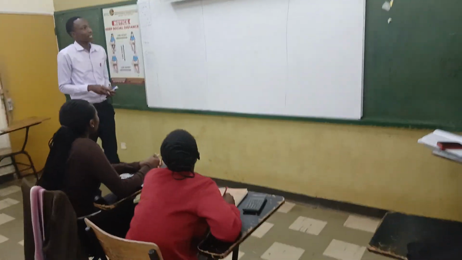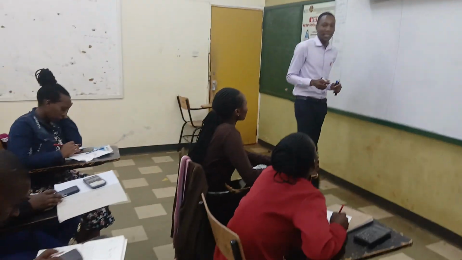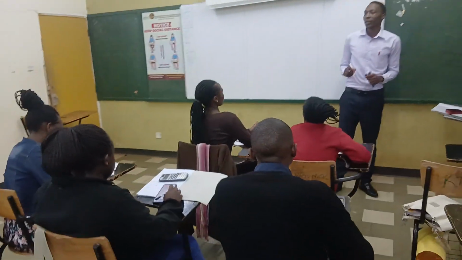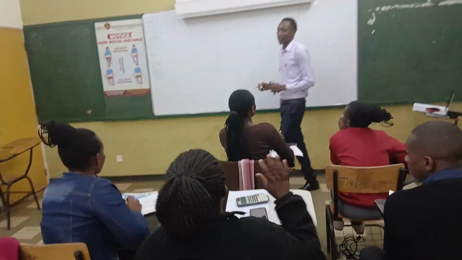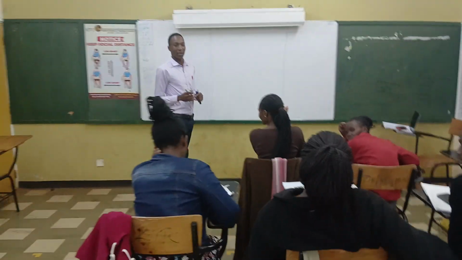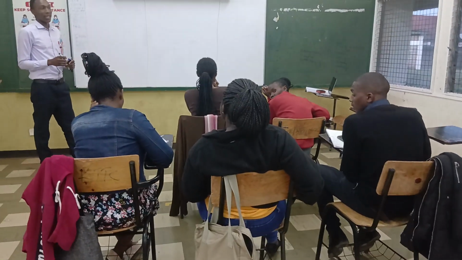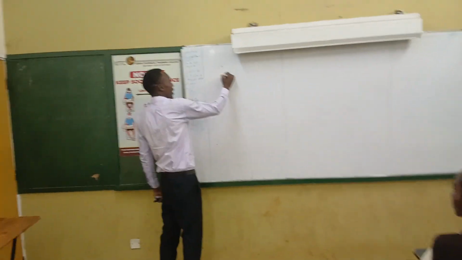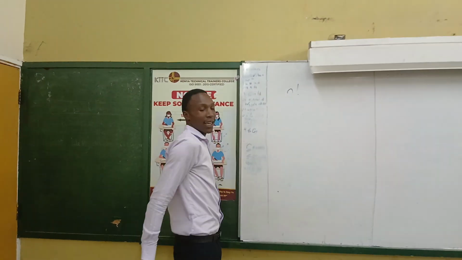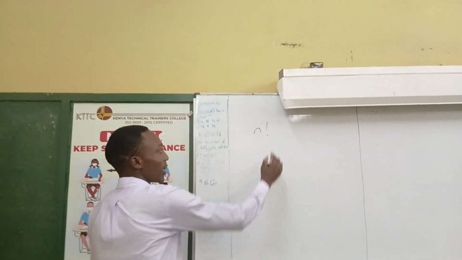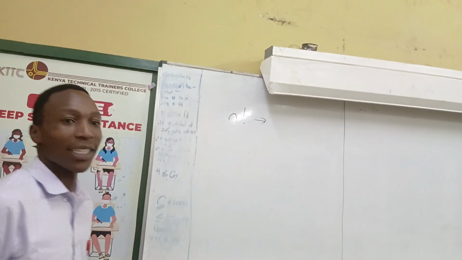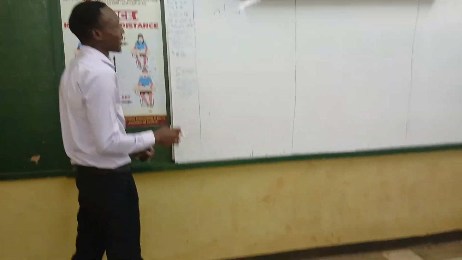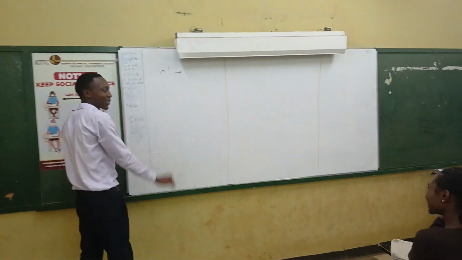Before we start, who can remind us what we learned in our last session? In the last session, we talked about factorials. Yes, factorials are denoted by n followed by an exclamation mark.